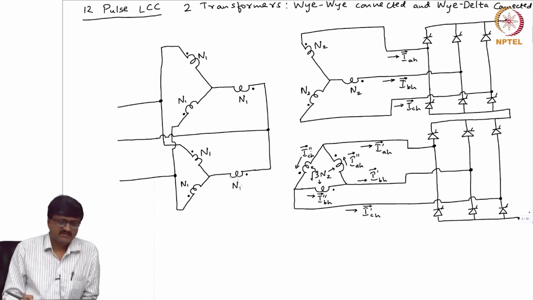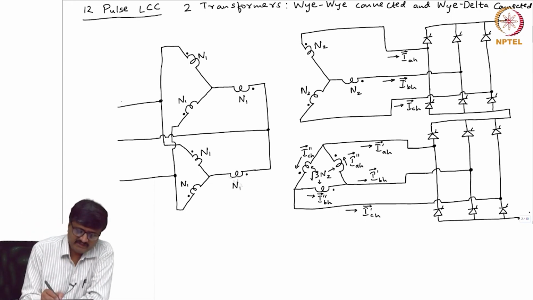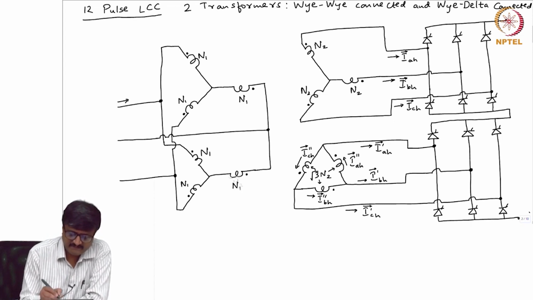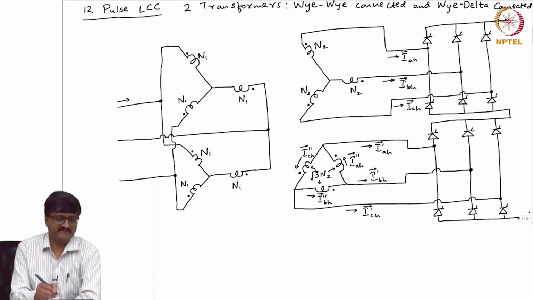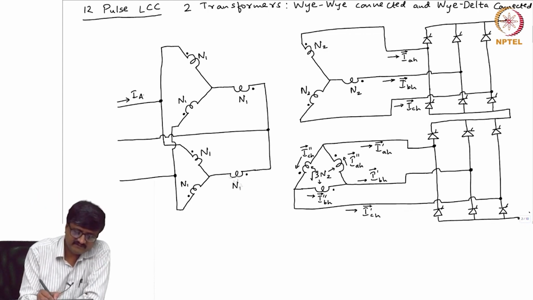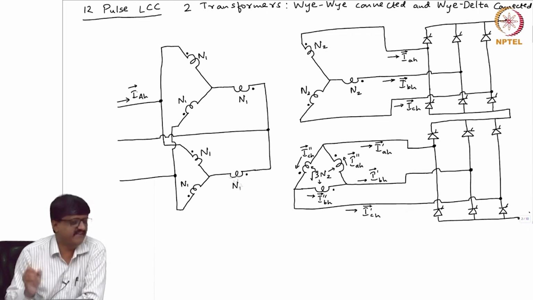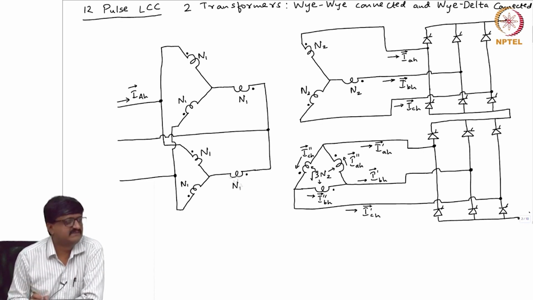Okay. Now, I will also show the currents that flow in these wires. Okay, let me take one by one. What is this one? The current here, A phase current or B phase or C phase? A phase. So, it is IAH. I use an uppercase A just to differentiate from the other.